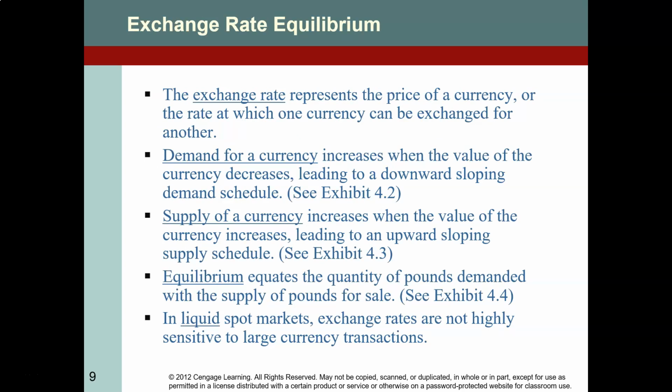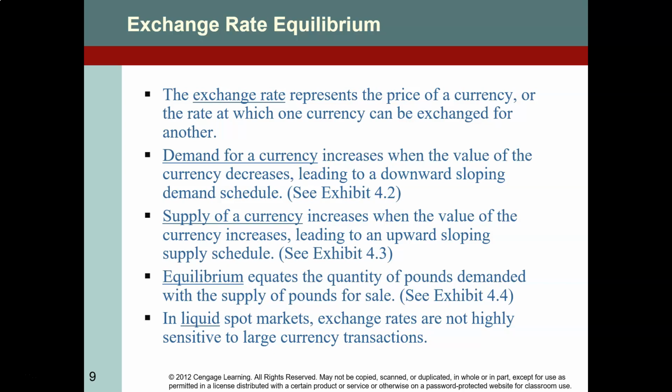Exchange rate equilibrium. The exchange rate represents the price of a currency or the rate at which one currency can be exchanged for another. Demand for a currency increases when the value of the currency decreases, leading to a downward sloping demand schedule.